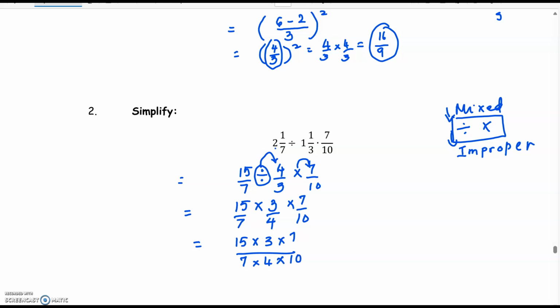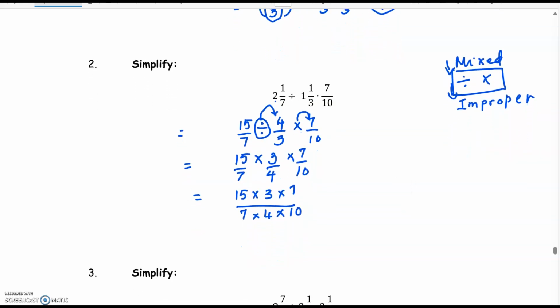Now we have to factor the expression and cancel as many common factors as possible. Now I see that there is one more common factor. I go 5 times 3 is 15, and then of course we have a 3. The denominator is a 4.